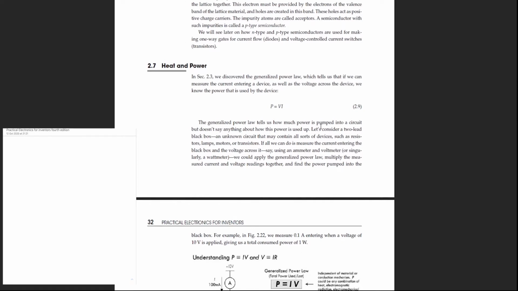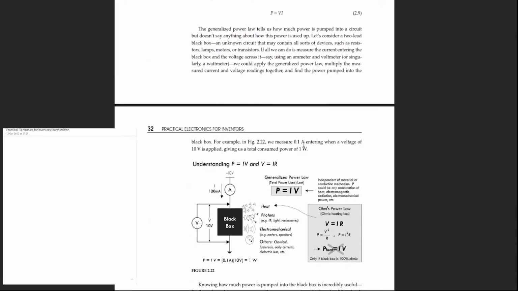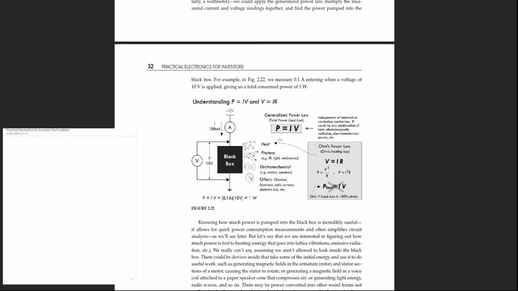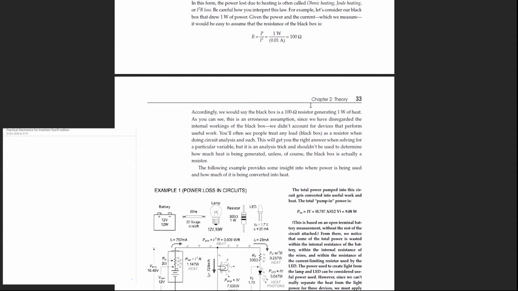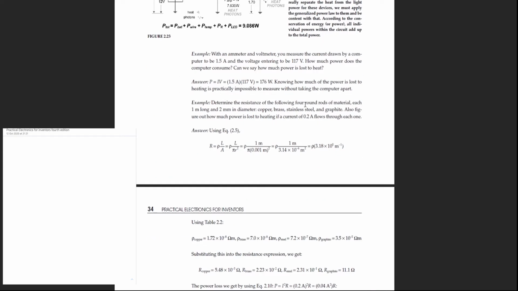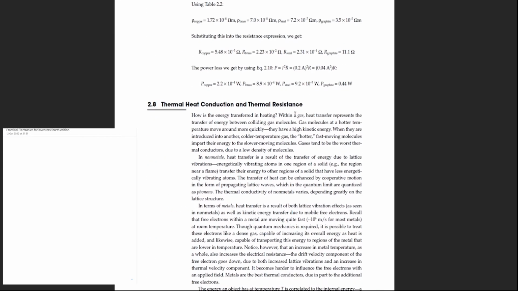Difference between PDF page versus book page, right? General power law, which tells us that if we can measure the current entering the device, P equals VI, yep, IV. This seems like I'm going to be able to skip through straight to AC, which is nice.